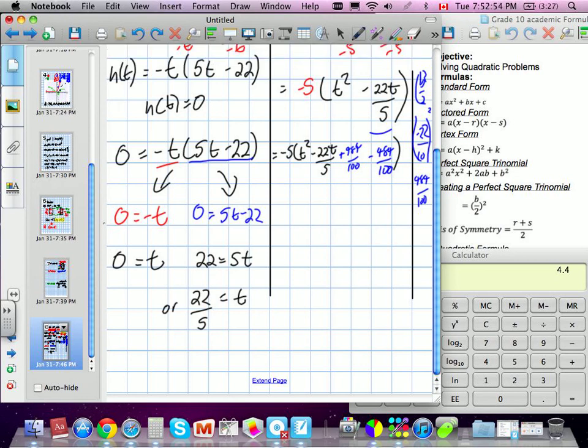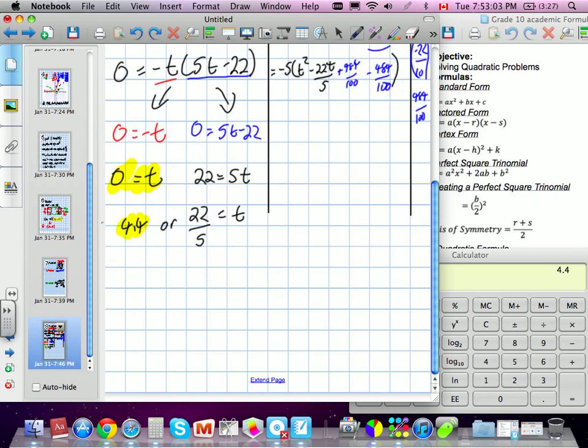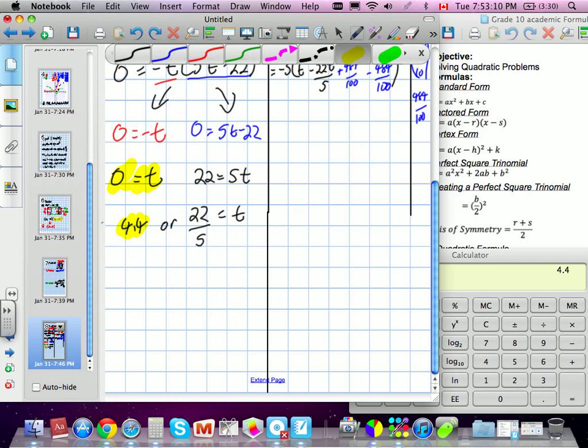On the right side, let's continue with completing the square. I want to take out the negative version of the number I did, and I got to multiply it by negative 5. So again, going to look a little confusing when I rewrite this here, but we're going to get negative 5 t squared minus 22t divided by 5 plus 484 divided by 100. Now, when I multiply negative 484 over 100 by negative 5, first of all, it will become positive or negative?